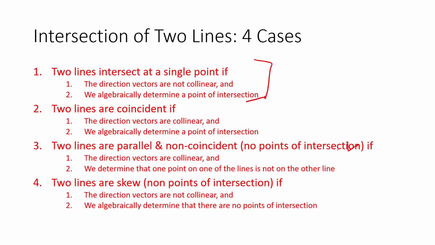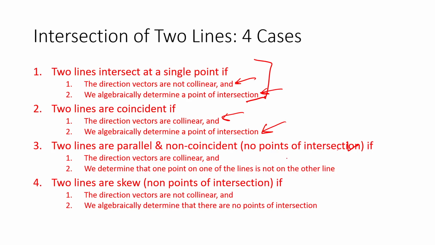Well, the analogy to 3 dimensions is to say the direction vectors are not collinear and there is a point of intersection determined algebraically. Now, it's possible for 2 lines to be coincident, which means identical, if the direction vectors are collinear and we algebraically determine one point of intersection. If there's one point of intersection of 2 parallel lines, then the lines are identical. In other words, what we call coincident.